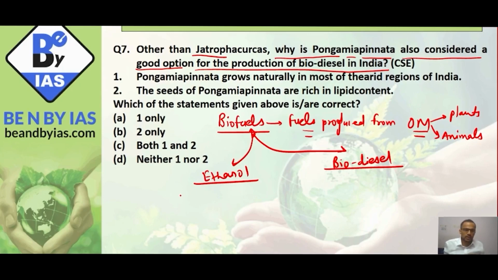Fine. So biofuels primarily are of two categories, ethanol and biodiesel. And we know that ethanol is produced from alcohol based fermentation, or from the fermentation of sugar cane. We can produce ethyl alcohol from sugarcane fermentation.